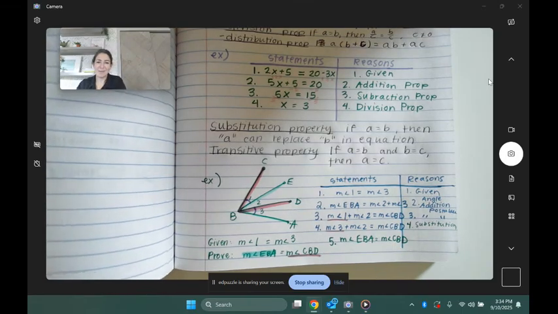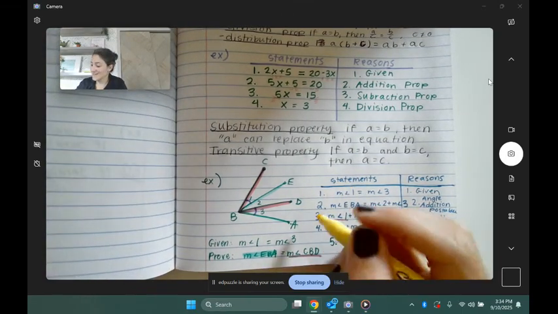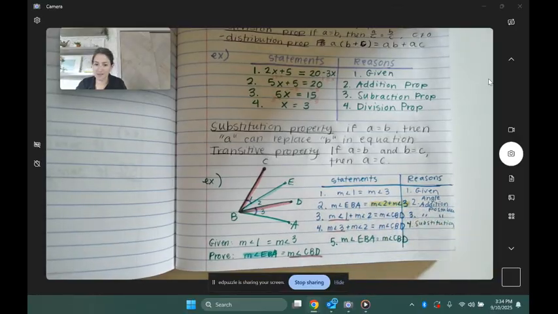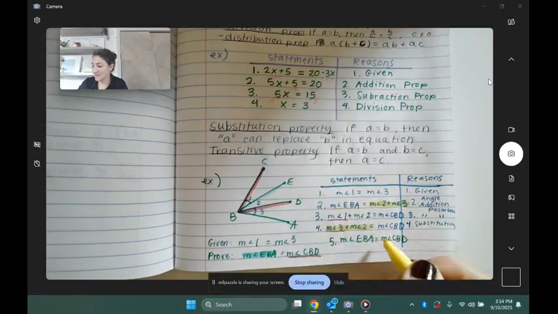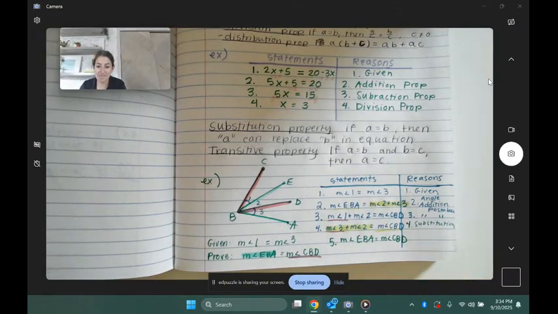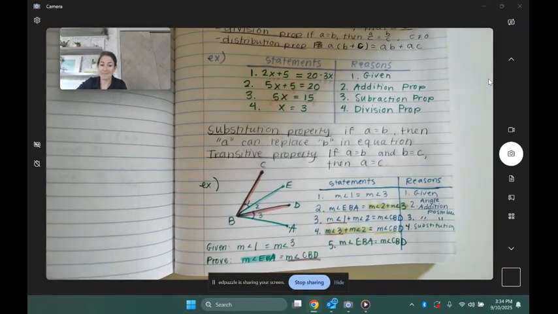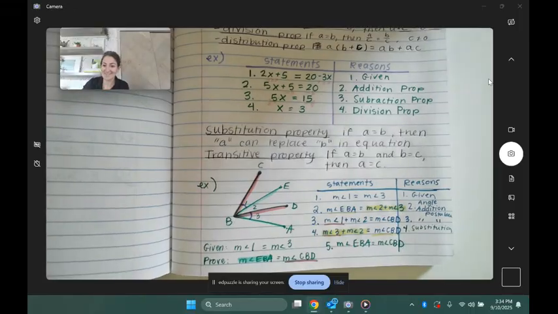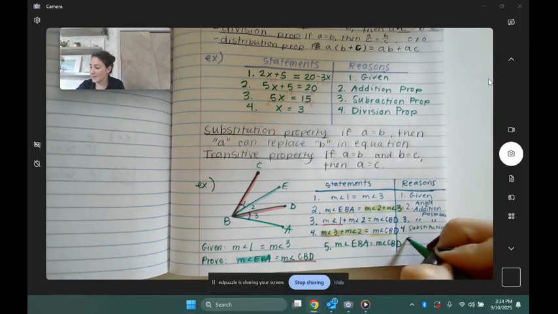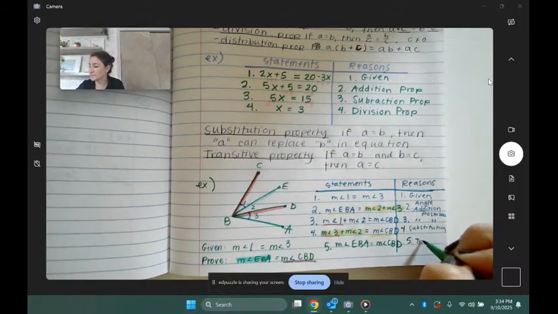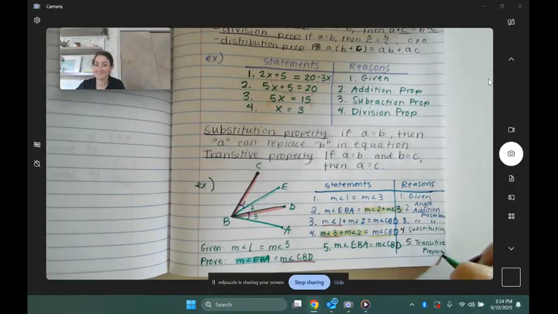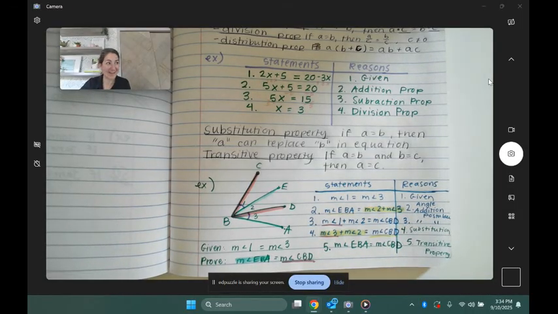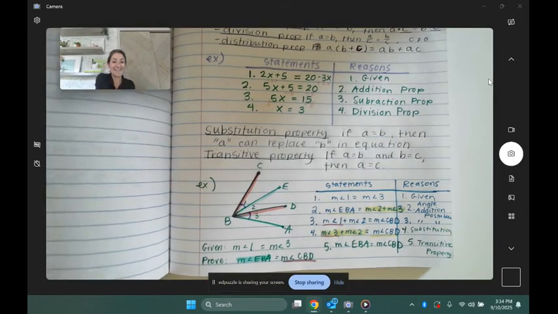If EBA equals 2 plus 3 and 2 plus 3 equals CBD, then by the transitive property, those two things are equal. And that is a proof.